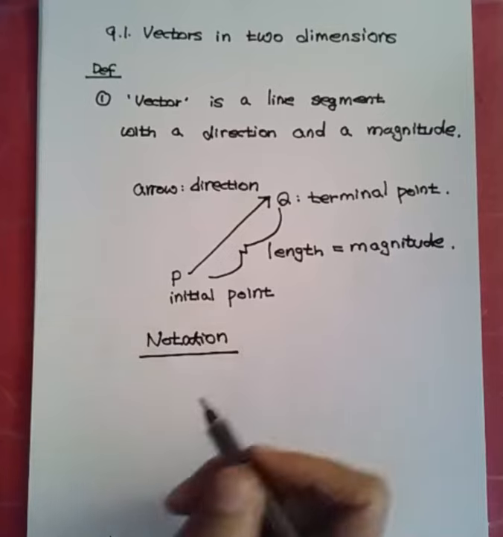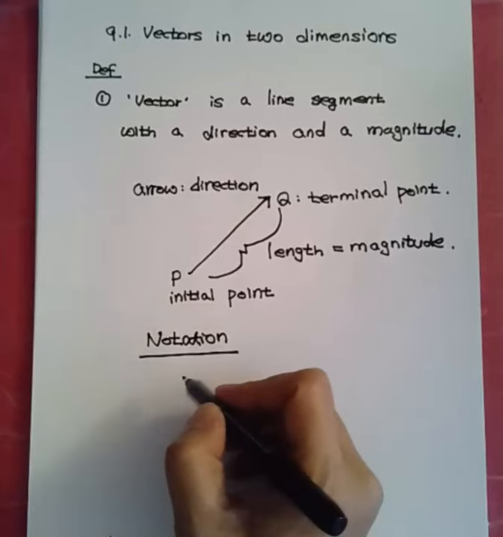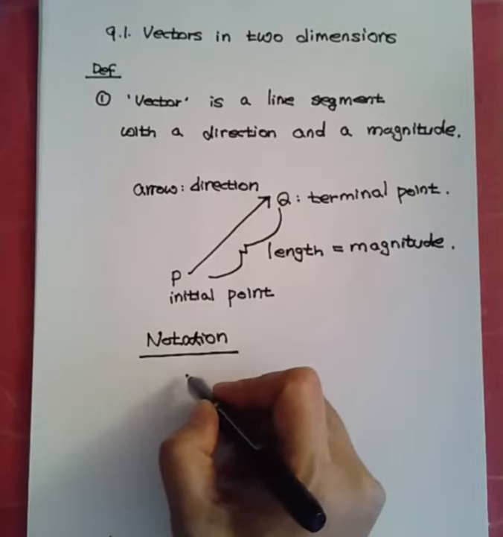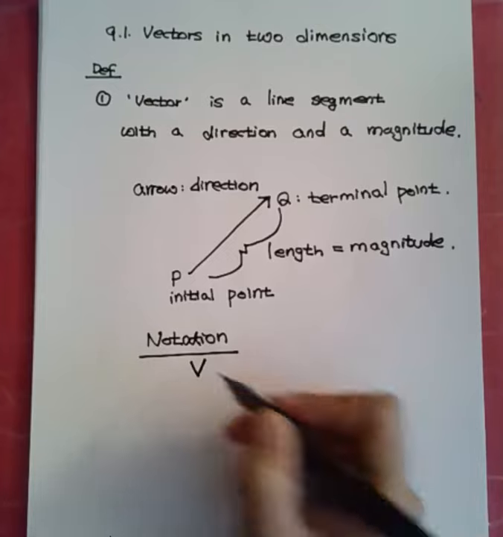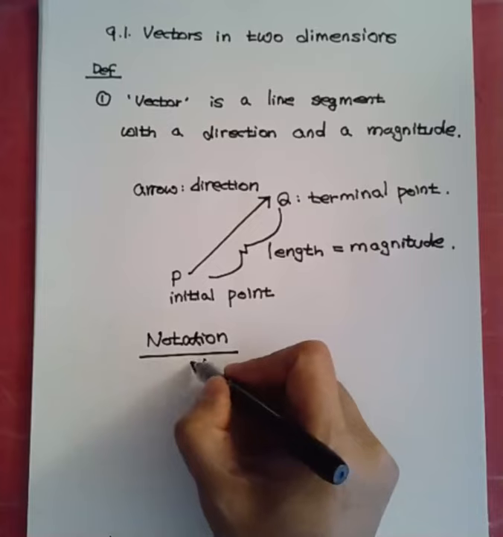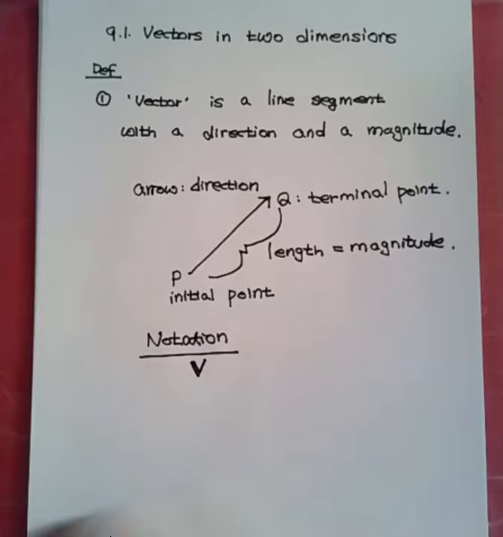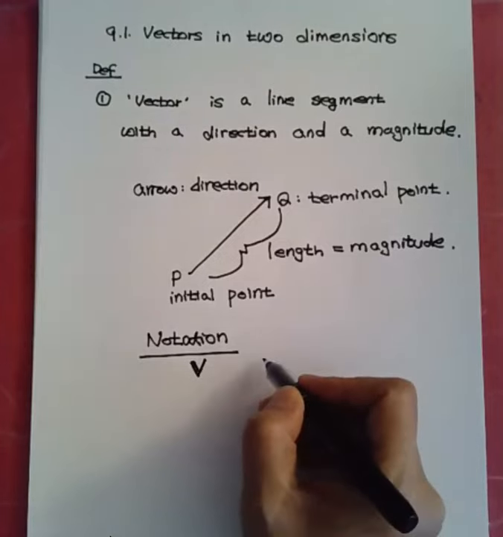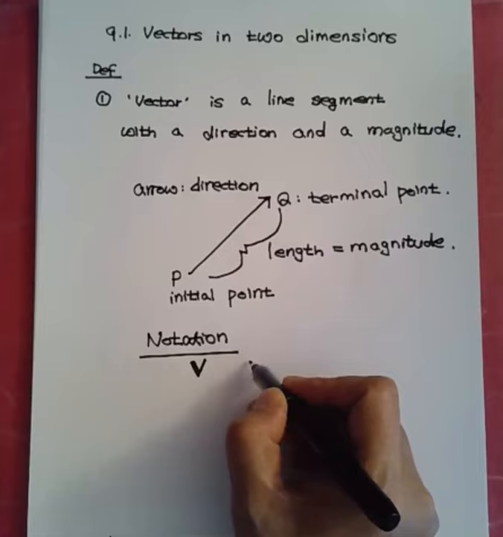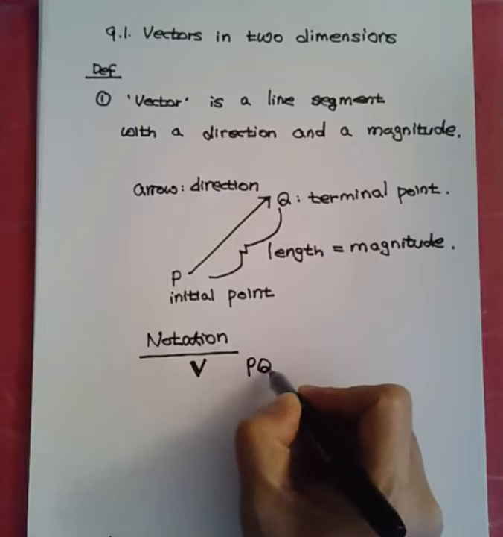Here is the notation of a vector. Usually, when we denote a vector, we use an alphabetical character, usually a bold character. Sometimes we denote the vector with the initial point and the terminal point.